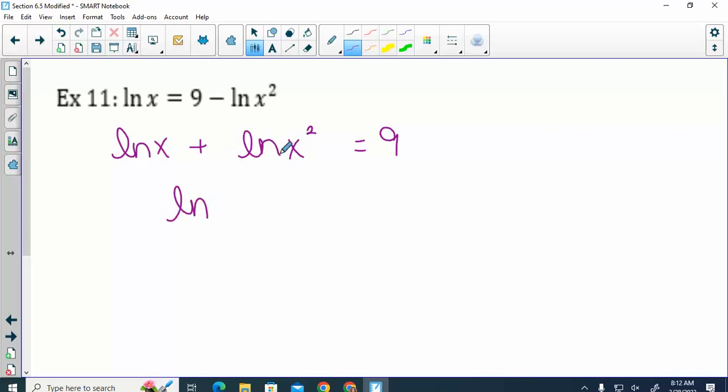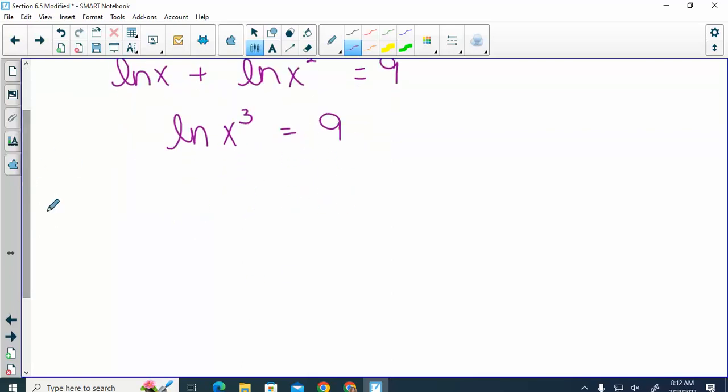So x times x squared. If you have a natural log, what's the base? So this means e to the 9 equals x cubed.